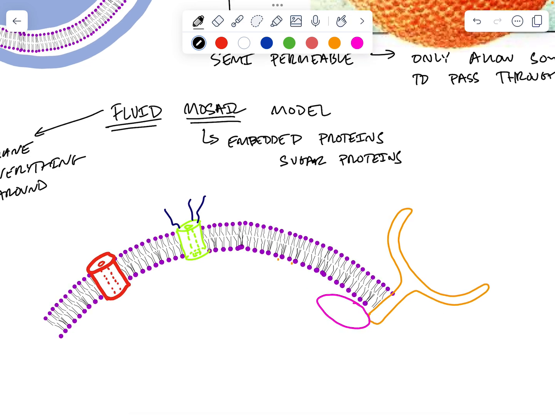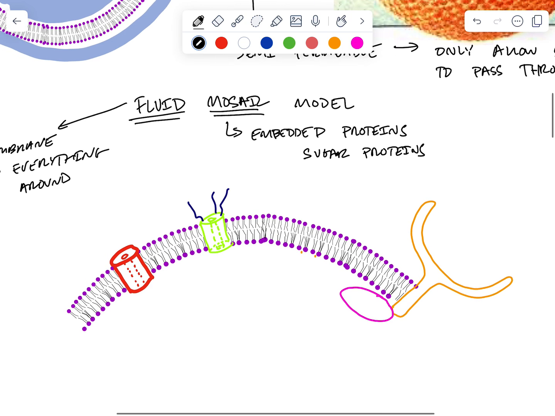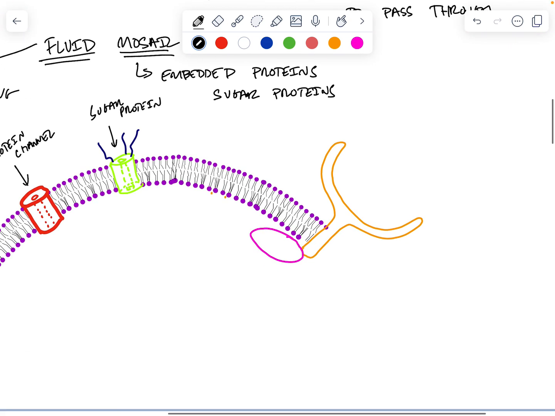So here we have an example of 3 different kinds of proteins. Here's a protein channel within the membrane. Here is a glycosylated or a sugar protein embedded within the membrane. And then here is a receptor protein.